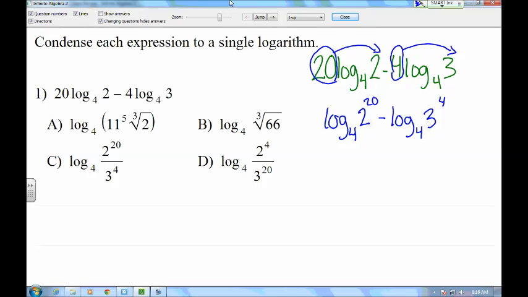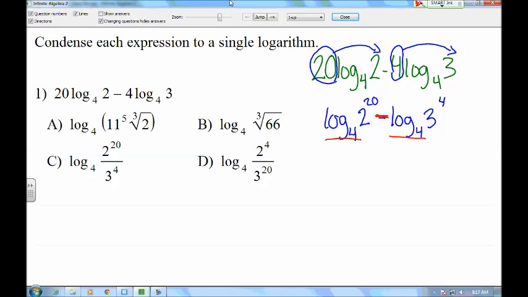Our bases are the same, so we have a little chant. When dealing with these logs, when we subtract, we have to do what? Divide. Subtract, divide. Those go together.